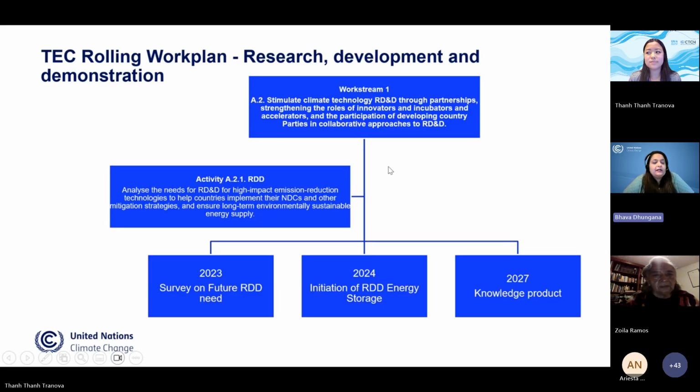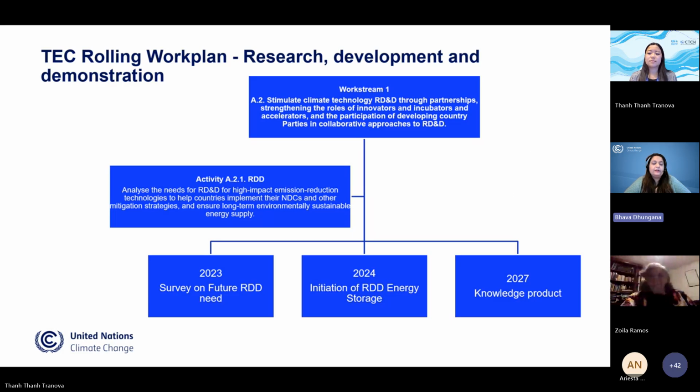So the TEC has a rolling work plan that will go until the end of 2027. And it has 4 different work streams, and I will focus on the work stream related to this topic.